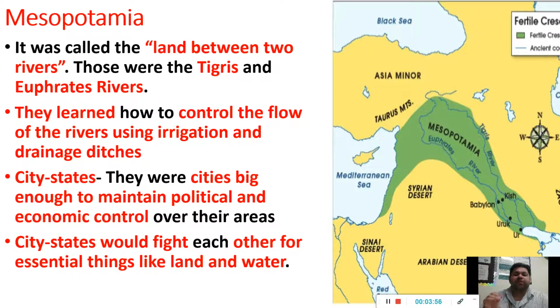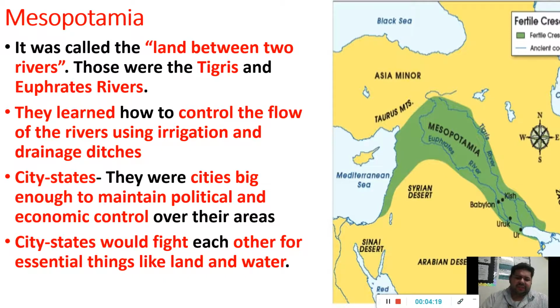What they did is they learned how to control the flow of the river using irrigation and drainage ditches. They learned basically how to control it so that if it does reach a certain level, they have a contingency plan for that, a backup plan. So that's pretty smart for ancient people.